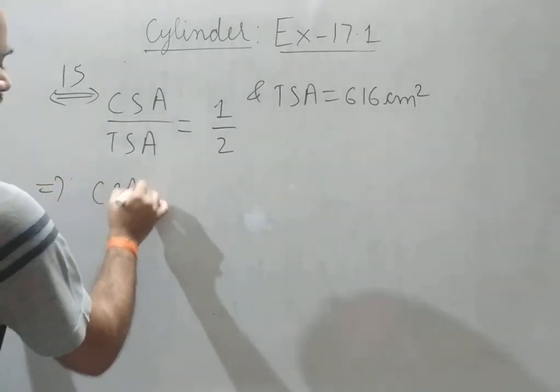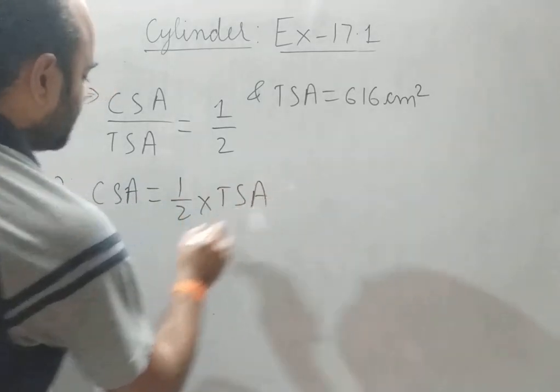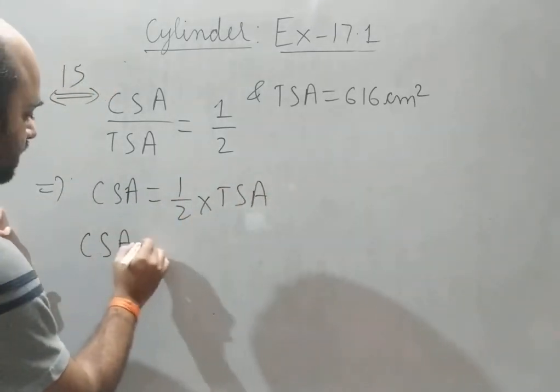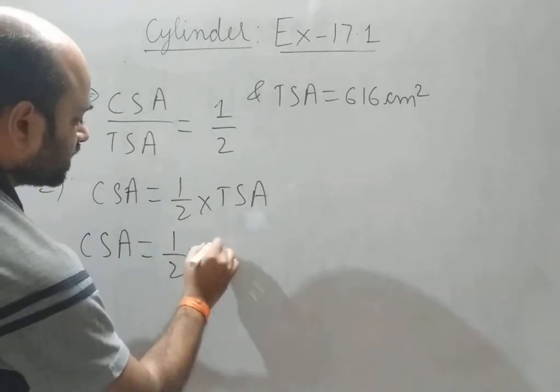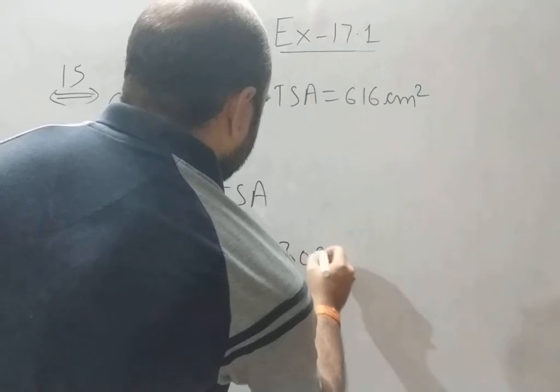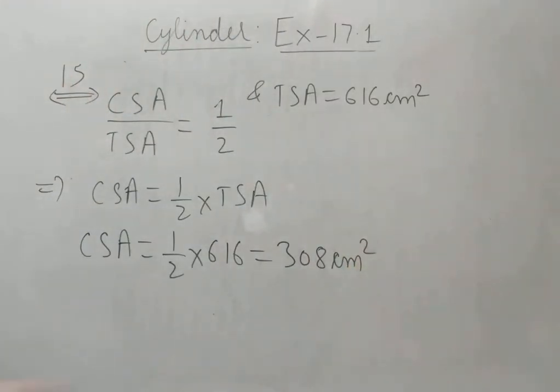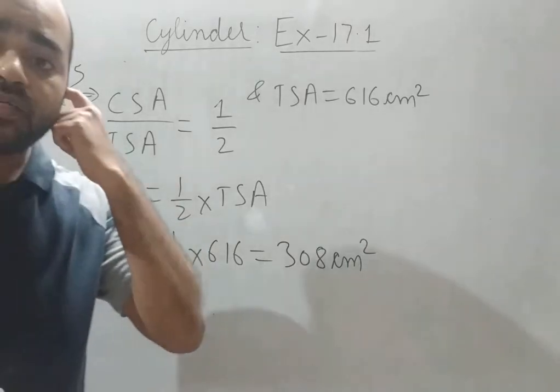Curved surface area will be 1 by 2 of total surface area. It means 1 by 2 of 616, that will give 308 centimeter square. Correct? This is the curved surface area of the cylinder.